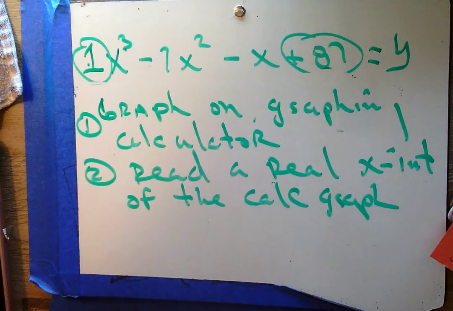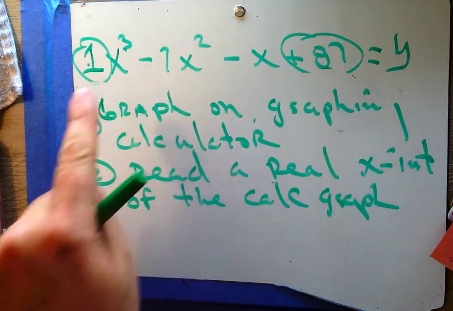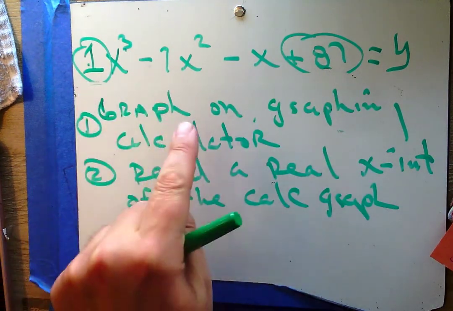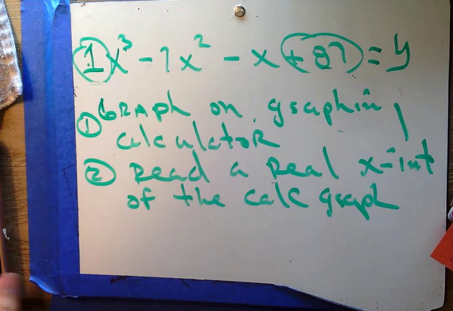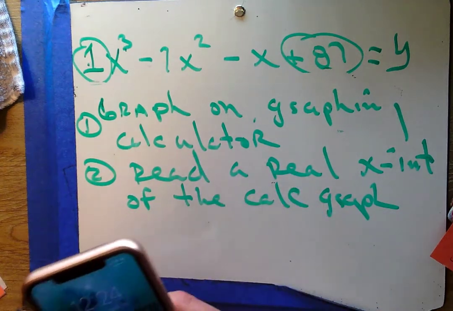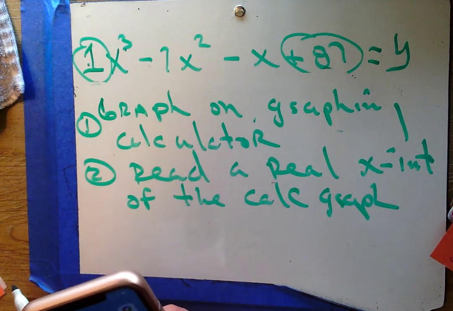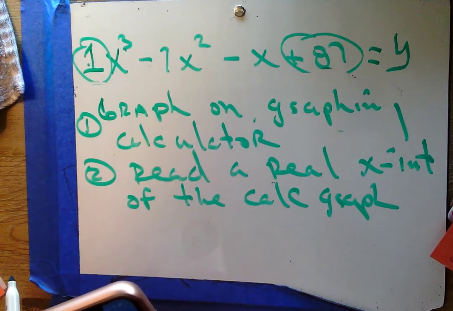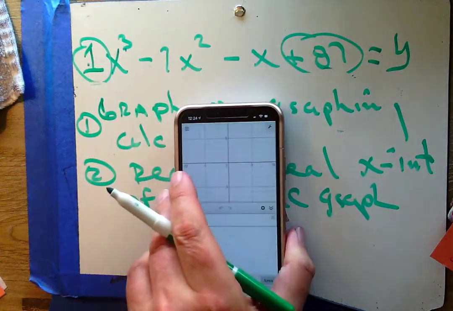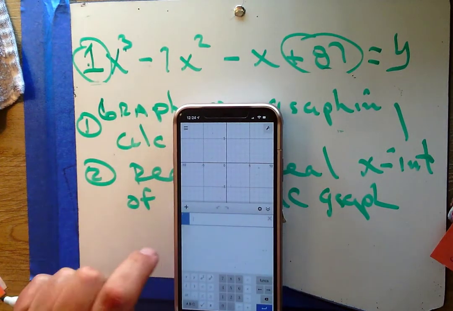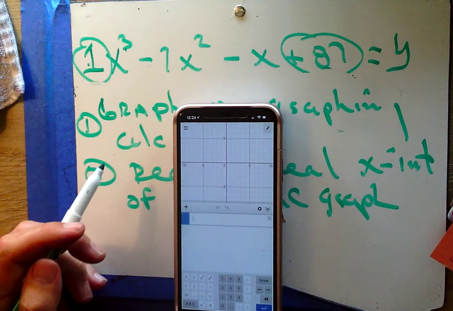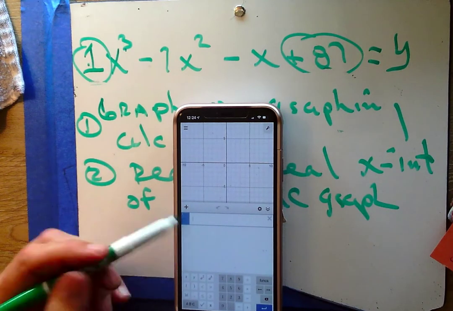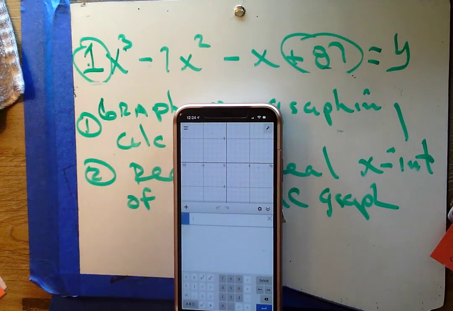Now, we know with this problem that negative 3 is one of our roots. And I forgot to bring a calculator in with me today, so I think I'm going to quickly try and do this with Desmos. Yes, I do know what Desmos is, even though I seem to be a TI stooge. But there are some things that the TI can do that I've never figured out how to do on Desmos.